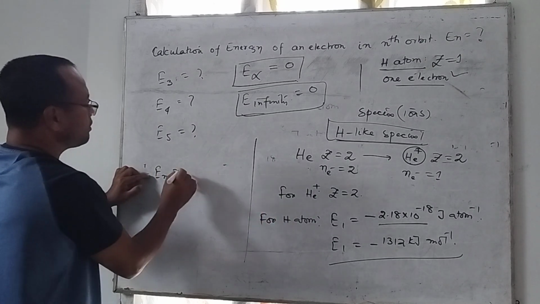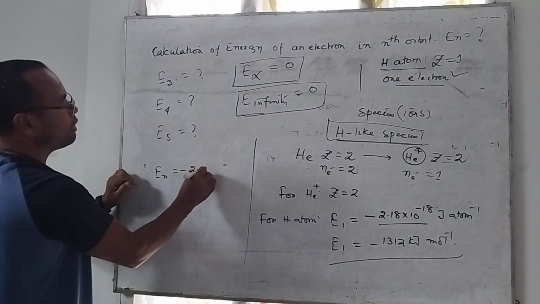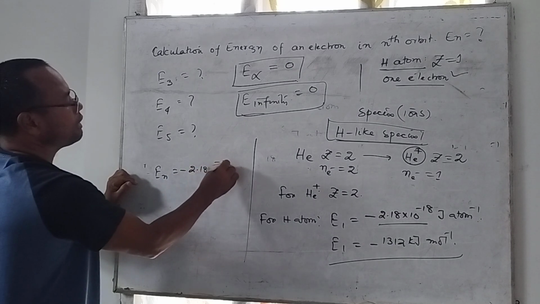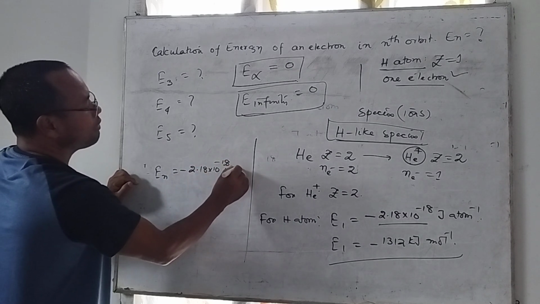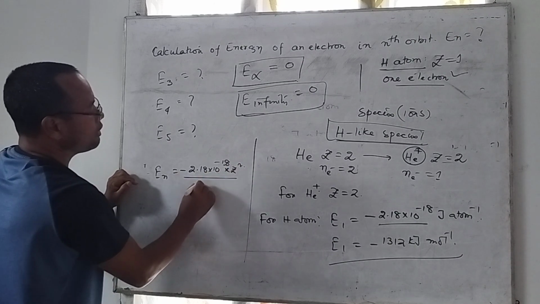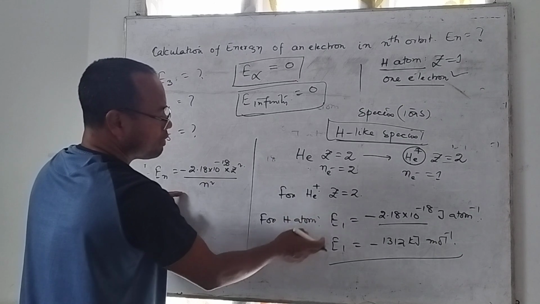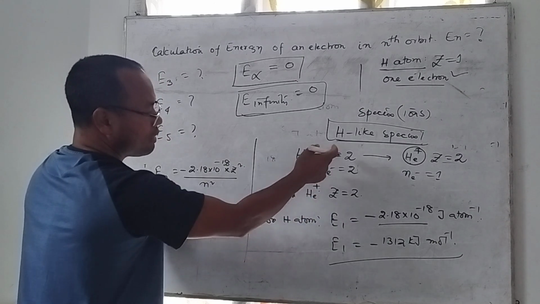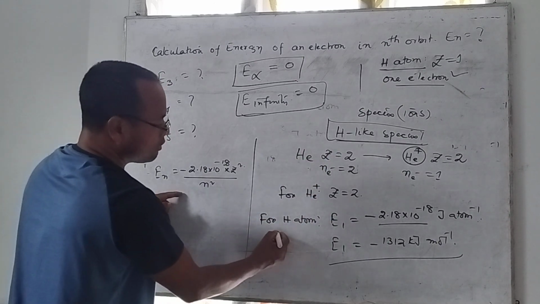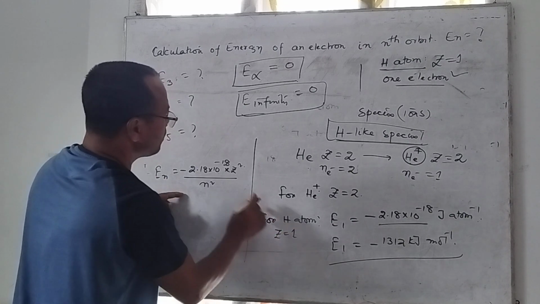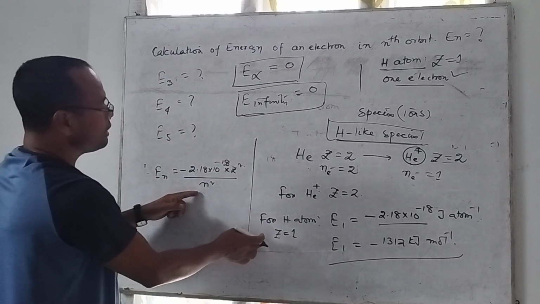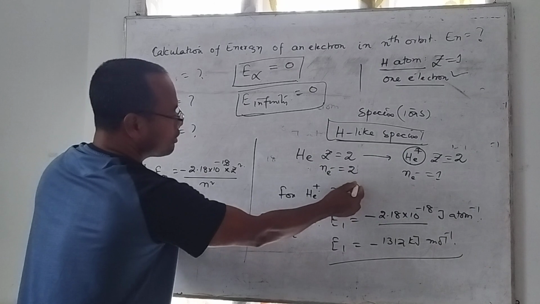So I write minus 2.18 into 10 to the power minus 18, and here we multiply by Z square divided by n square, for the same energy level but different species. For hydrogen, Z is equal to 1 square. But for helium that is 2.